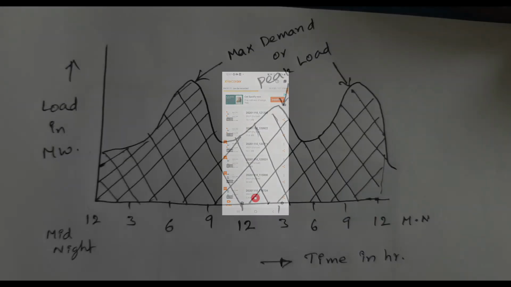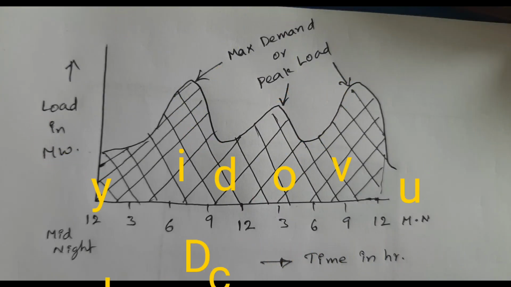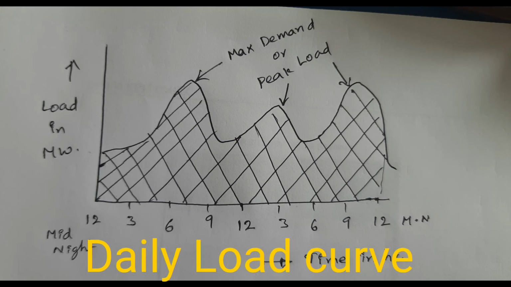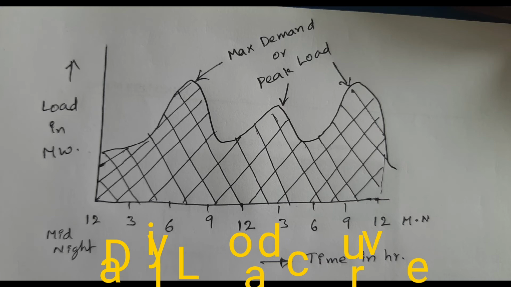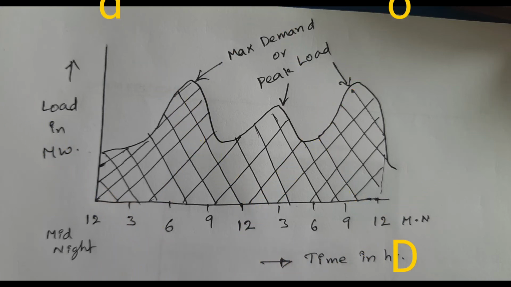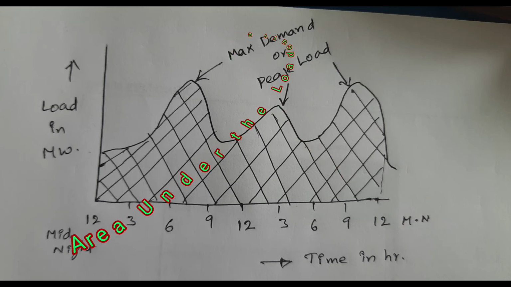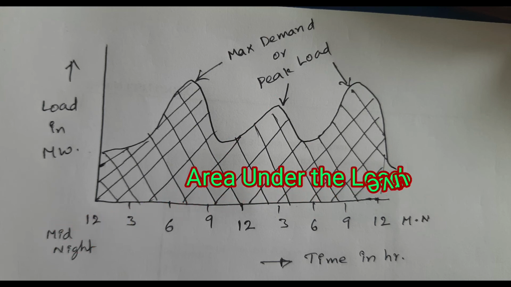The daily load curves have attained great importance in generation, as they supply the following information readily. The daily load curve shows the variations of load on the power station during different hours of the day. The area under the load curve gives the number of units generated in the day.